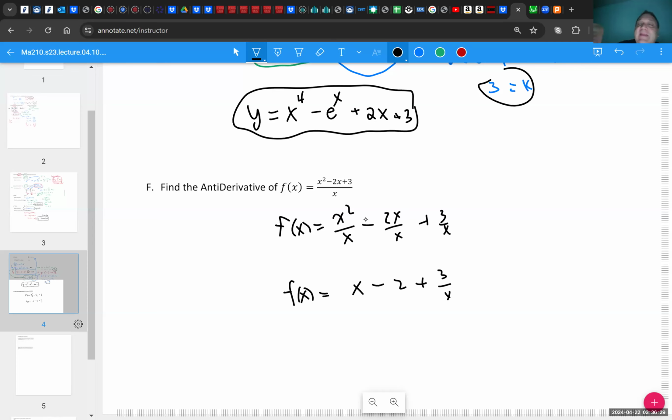Now, we're supposed to find the antiderivative of this, and it's somewhat confusing. Math people are oftentimes confusing this way. We know the antiderivative finds the function given that this is a derivative. So even though they've written f of x equals this thing, this is really the derivative of something, right? This is really some dy dx type thing. We have to be thinking of this as a derivative because we're going backwards from the derivative to the original function.